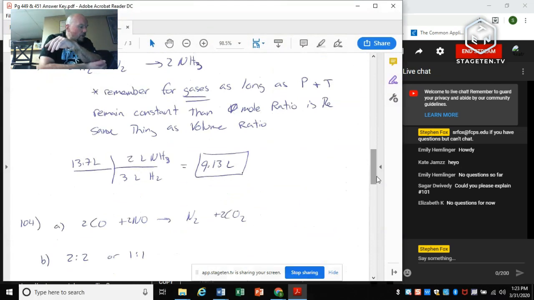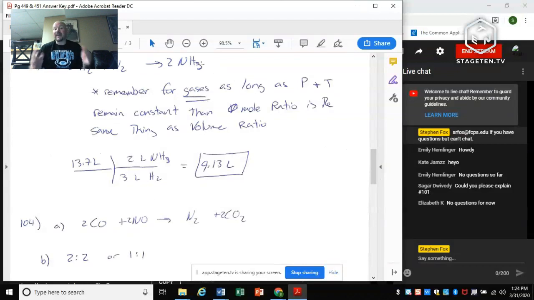So if you look at question 101, it doesn't really matter that it's 93 degrees Celsius and 40 kilopascals. What matters is that temperature and that pressure is the same for all the gases. So all we have to do is write our balanced equation, and if 13.7 liters of hydrogen react, the mole ratio that I would normally do, 2/3, is also my volume ratio because these are both gases at the same temperature.